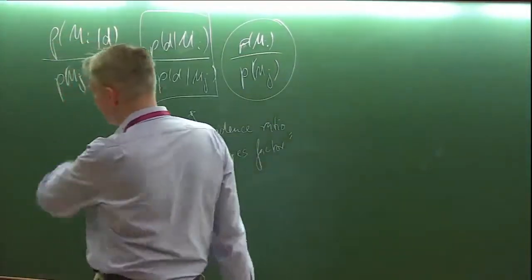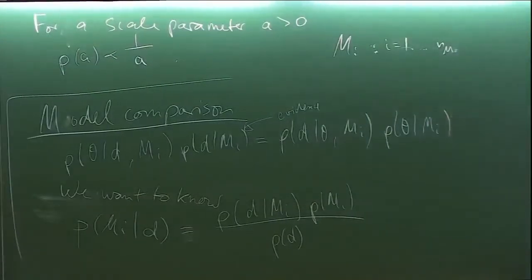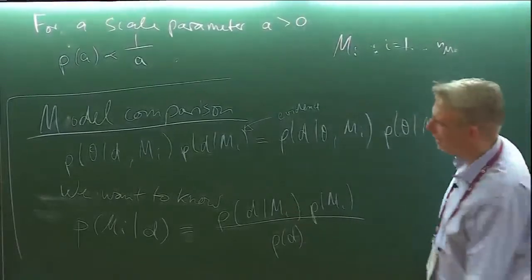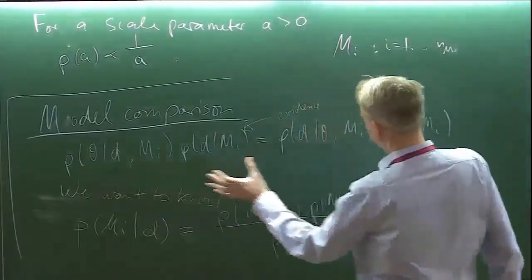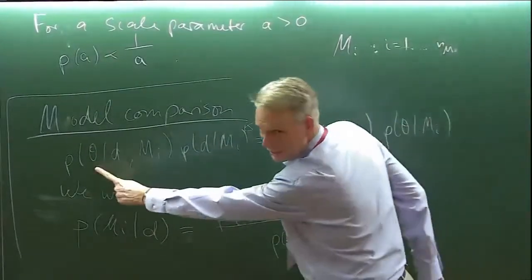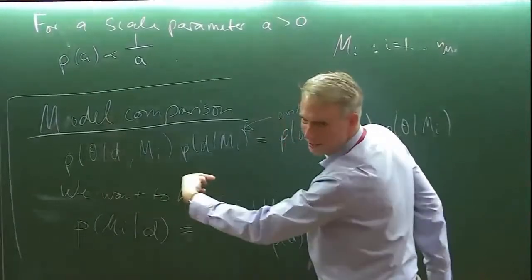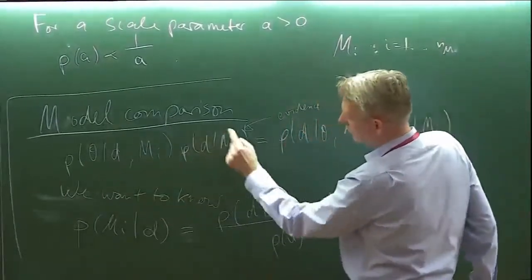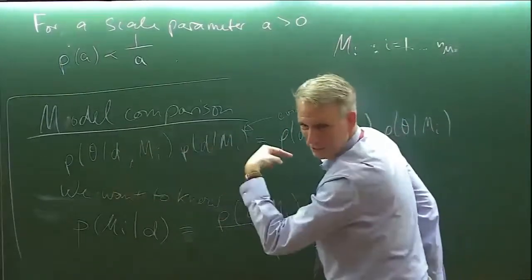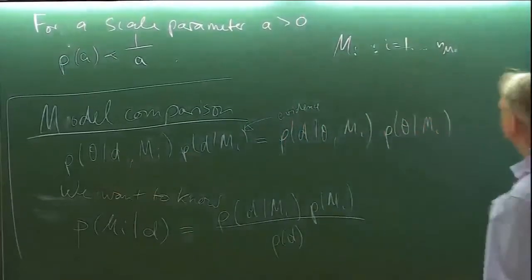Okay, and how do I calculate it? Well, actually, to calculate it, it's very simple. We exploit the fact that we now understand conditional probability, and all we have to do is integrate. Remember, this thing here is a PDF for theta only, not for D, not for M, because these are behind the conditioning bar. So this thing does not depend on theta, so I can get rid of it by integrating over theta, and it will make that 1, right?